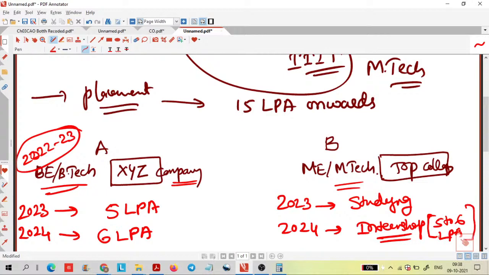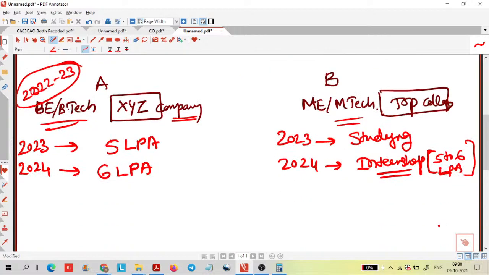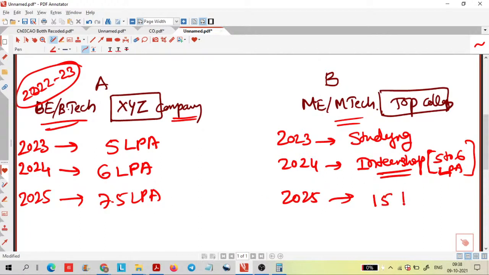After 1 year as an intern, his earning starts. In 2025, A may reach 7.5 LPA, but in 2025, B will get placed in some company with a minimum of 15 to 20 LPA. So you people just think about it.